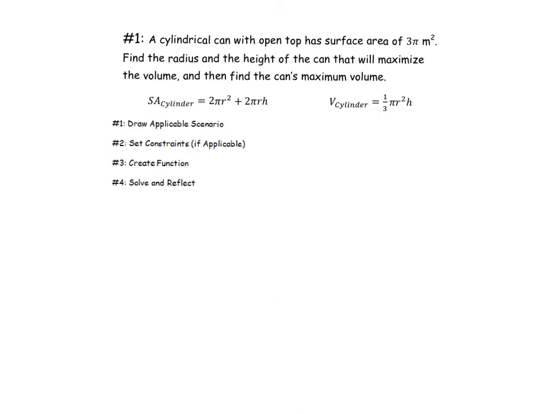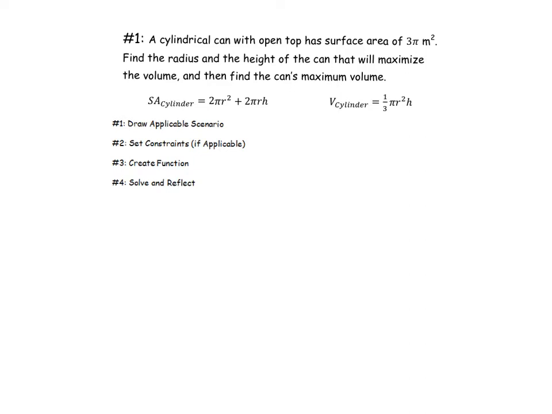Okay, so let's look at number 1. A cylindrical can with open top has a surface area of 3 pi meters squared. Find the radius and the height of the can that will maximize the volume, and then find the can's maximum volume. So I'm not going to necessarily draw this scenario because it'll take up a bunch of space, but I would draw a cylinder.